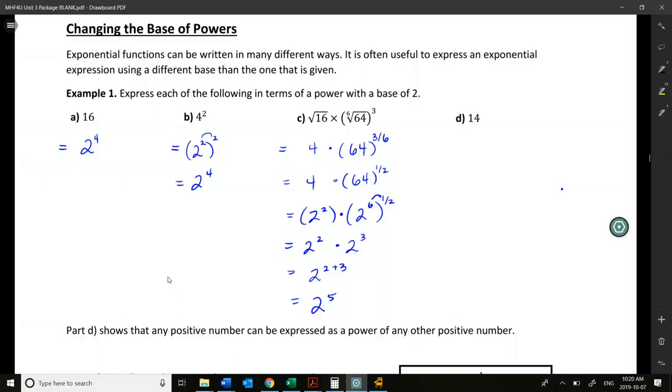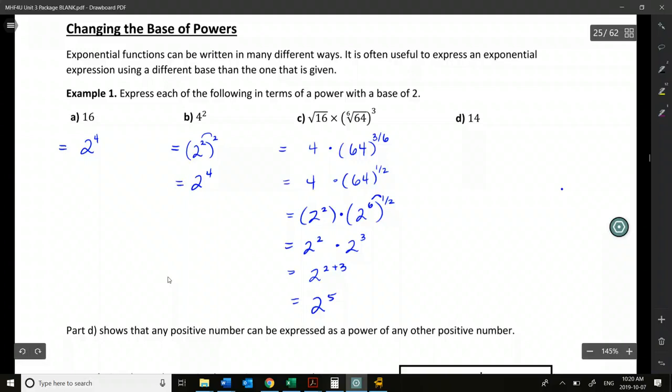Yep. For 2 to the 5, would you write 3 to the 2 or just leave it? Well, this question asks us to express them with a power and base of 2. So we'll leave it as 2 to the 5.